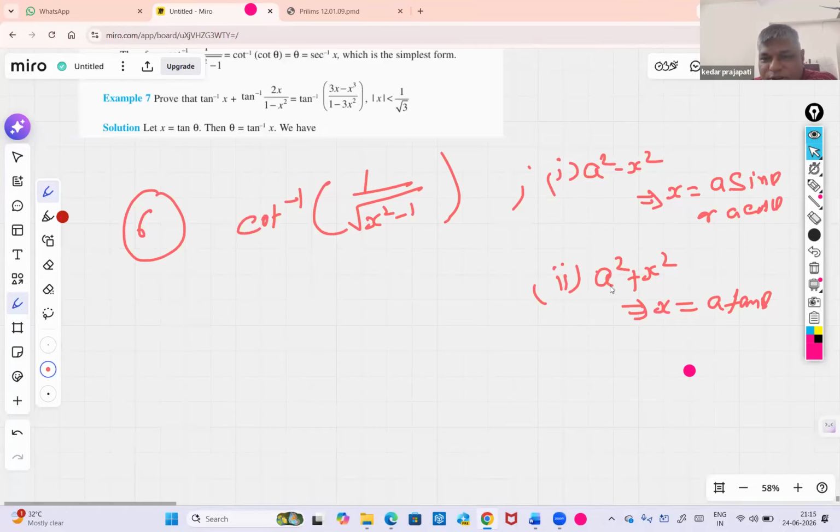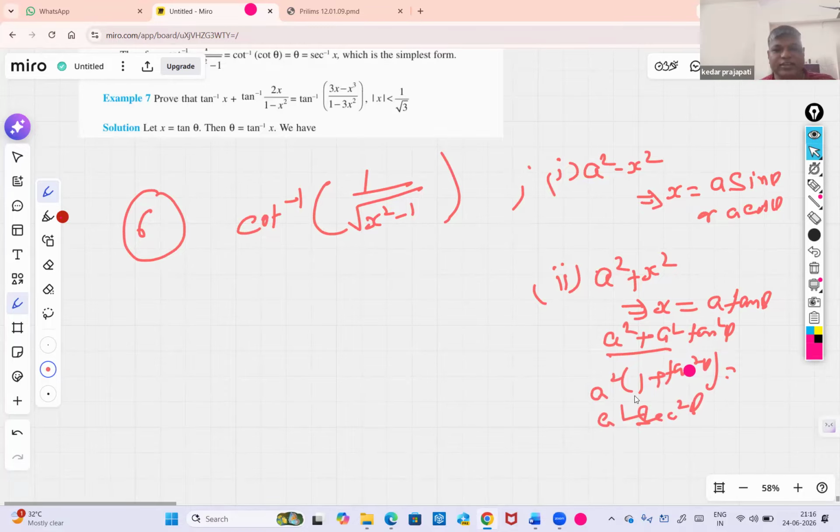So a square will be common, and it will become 1 plus tan square theta, and 1 plus tan square theta is sec square theta, right?